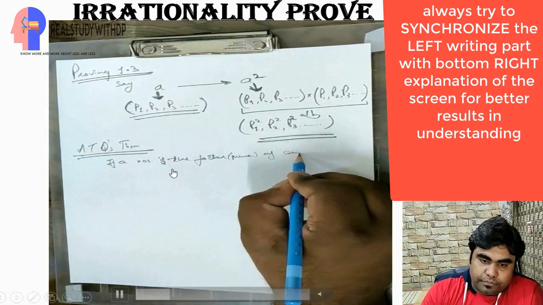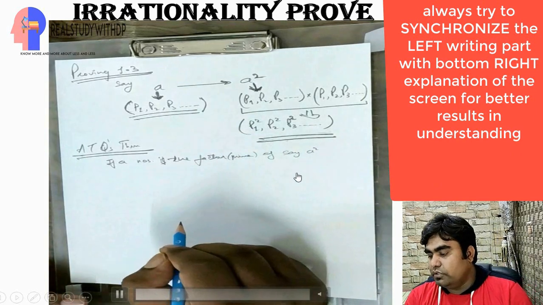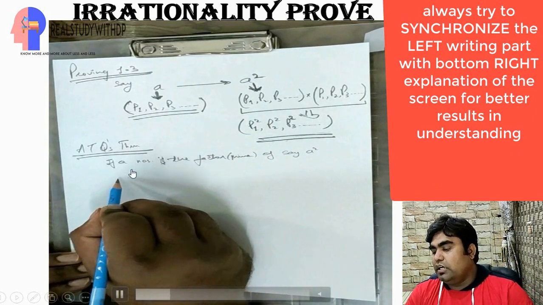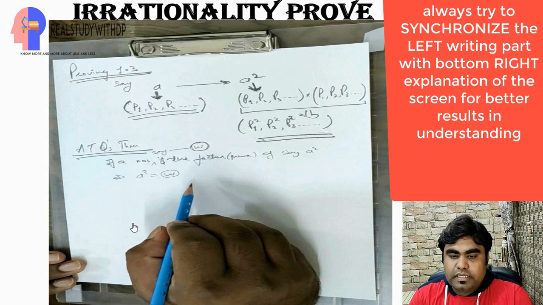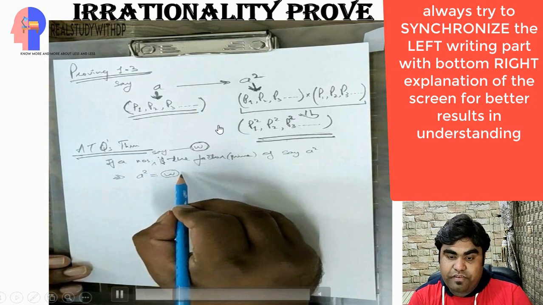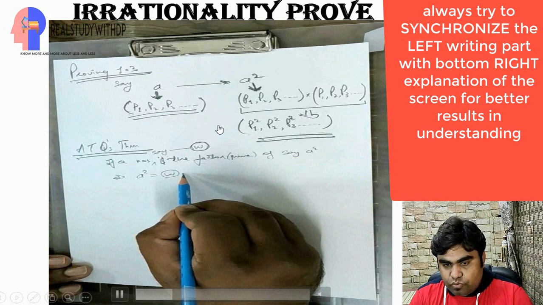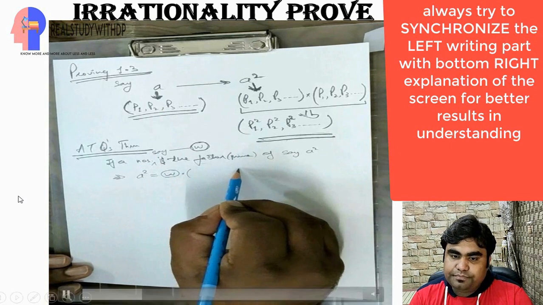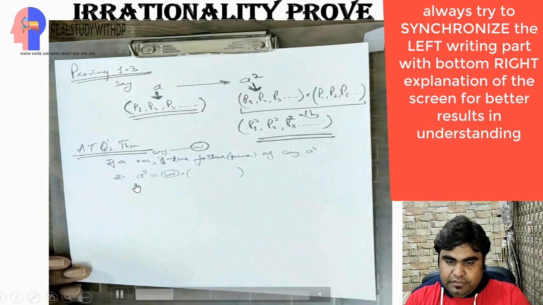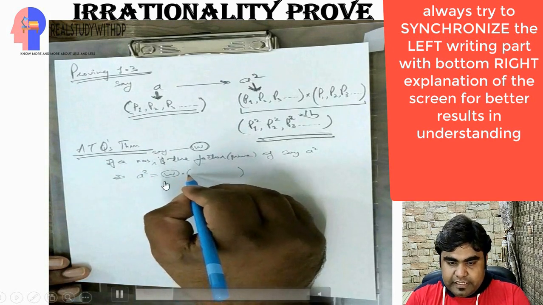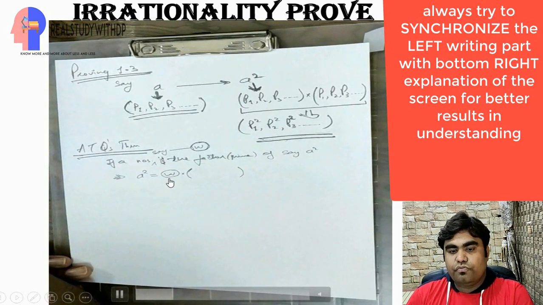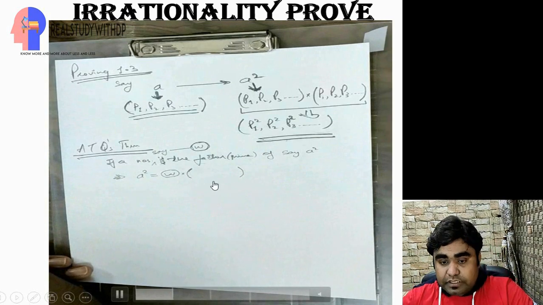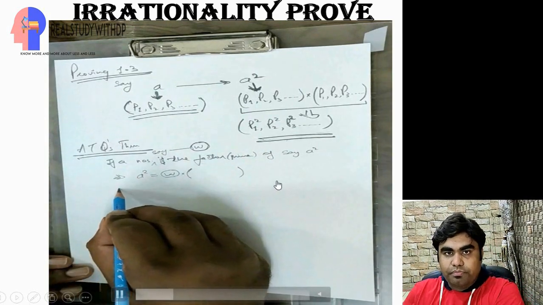According to the theorem, if a number, say w, is a factor of a square, then we can say that a square will be equivalent to w times something.